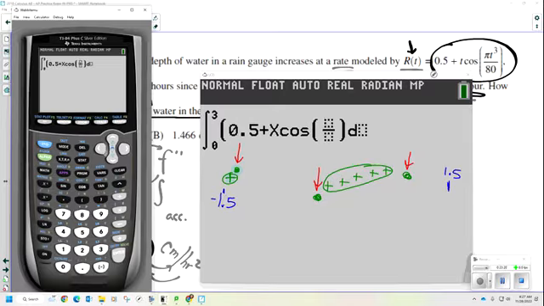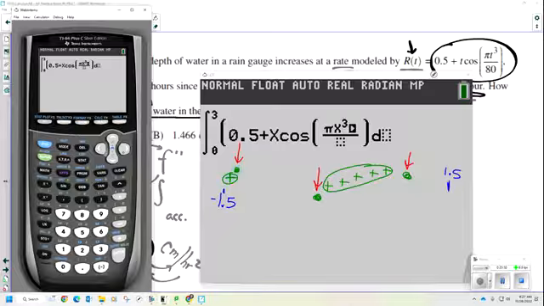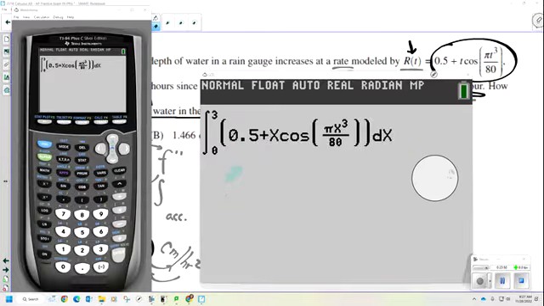That is pi x cubed, pop off that exponent, come down to the denominator, over 80. Now, I have two opening parentheses, I need two closing parentheses, so I need one more. Now they match, dx. Let's get rid of all this junk from the previous problem. If I have two opening parentheses, I need to match that with two closing parentheses.